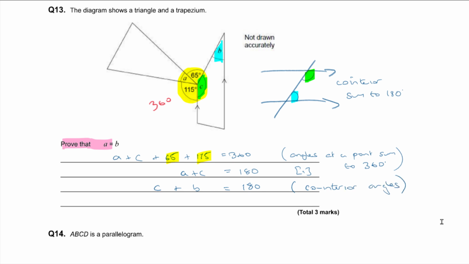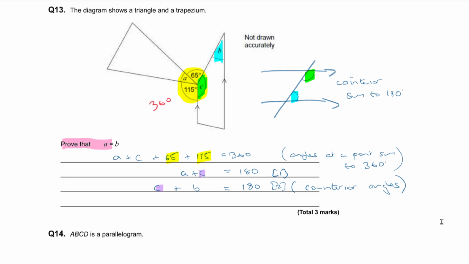Okay, and so I've got two equations. Let's call that equation 2. Just budge that along, it looks a bit neater. So I've got equation 1 and equation 2. So I want to get an equation in A and B. And can you see that I've got C in both of these?